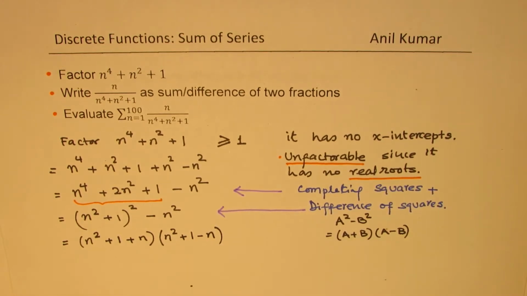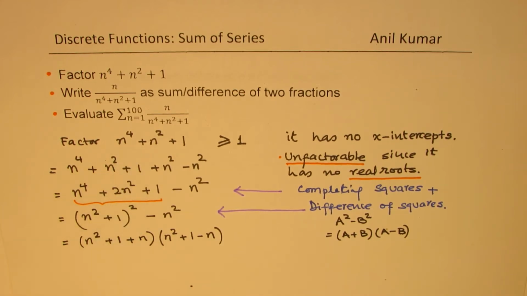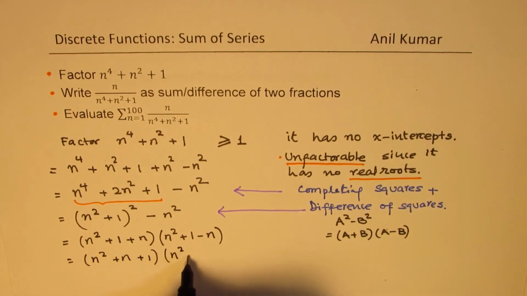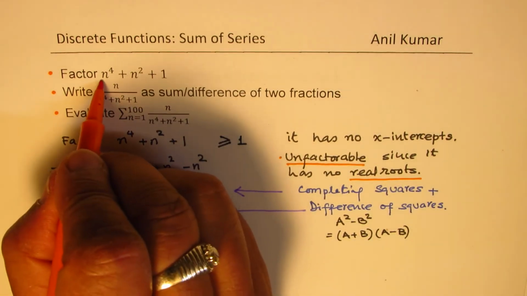So what we get here is a factored form of our trinomial. If you want, you can also rewrite this as n square plus n plus 1 times n square minus n plus 1, correct? So that is the factored form for the given trinomial.